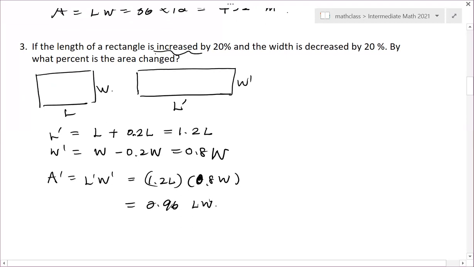So that means L times W is the area of the original.